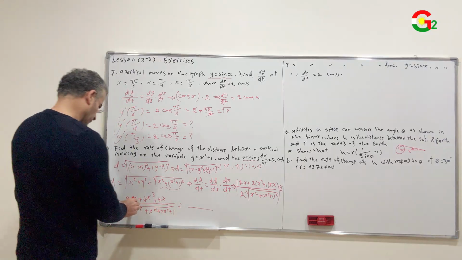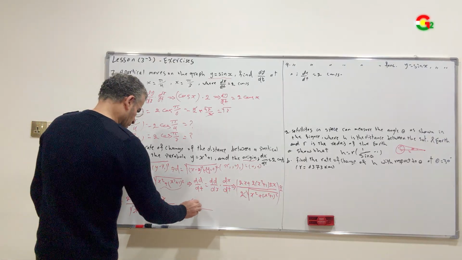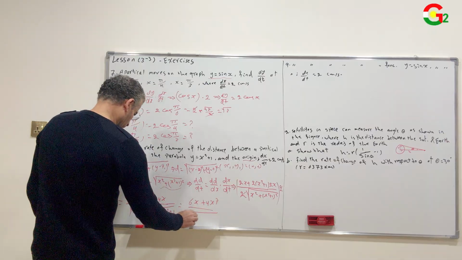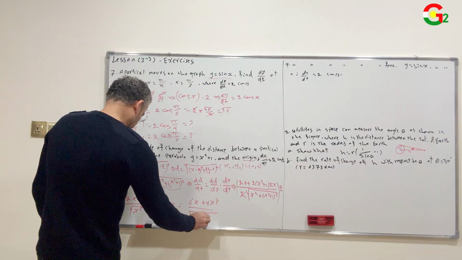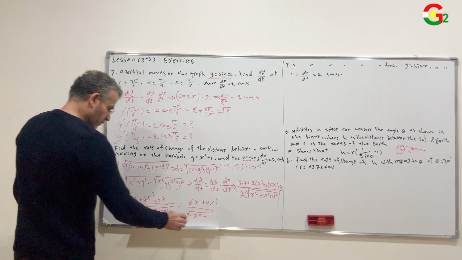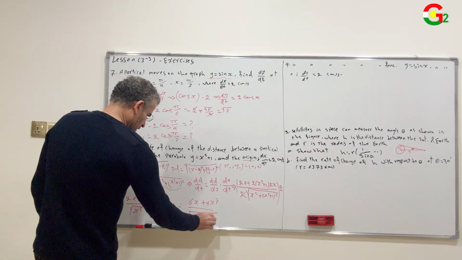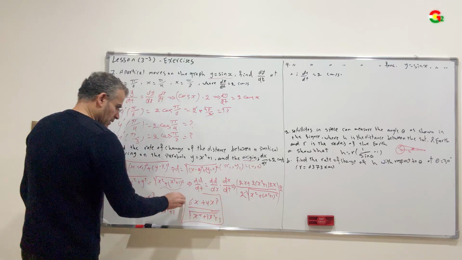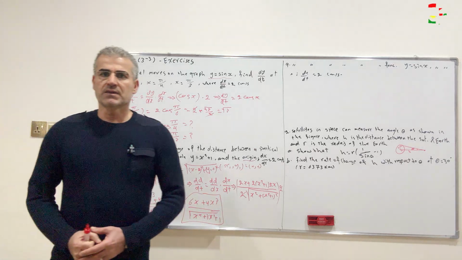This equals 2x plus 4x, 6x plus 4x power 3, over square root of x power 4 plus x power 2 plus 2x power 2, 3x power 2 plus 1. This is the final answer.